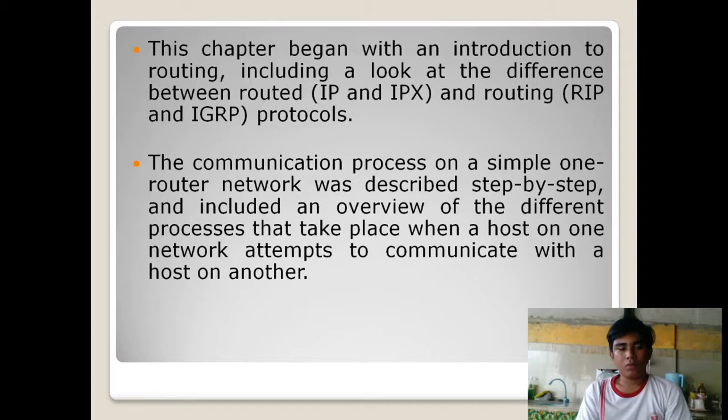The communication process on a simple one-router network was described step by step and included an overview of the different processes that take place when a host on one network attempts to communicate with a host on another.